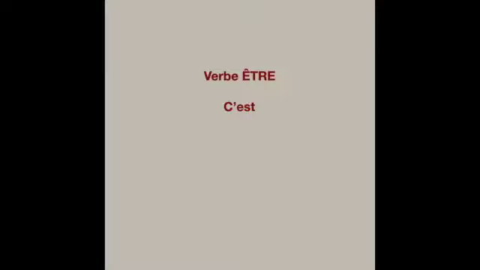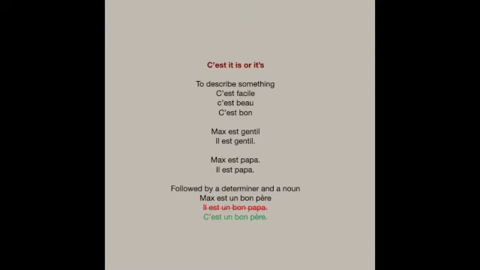C'est. So, c'est means it is or it's. It's used to describe something, like c'est facile, it's easy. C'est beau, it's beautiful. C'est bon, it's good or it's tasty. We could say also Max est gentil or il est gentil.